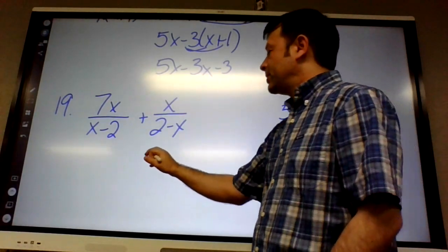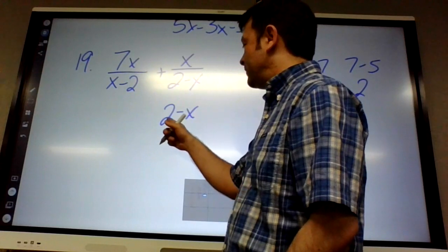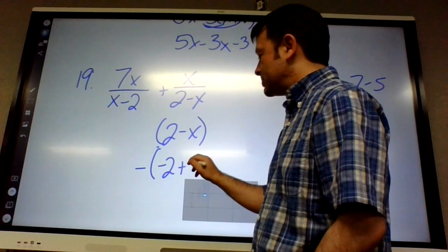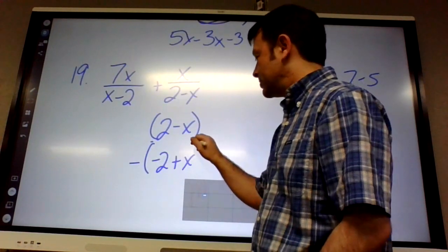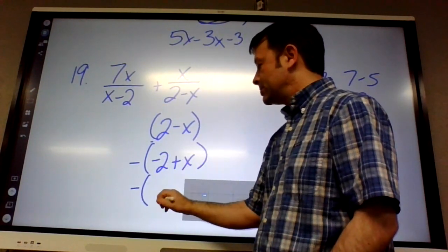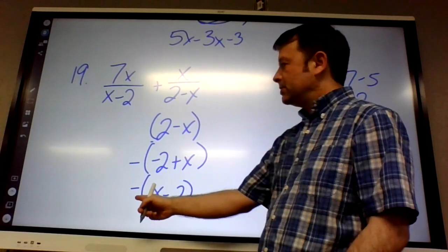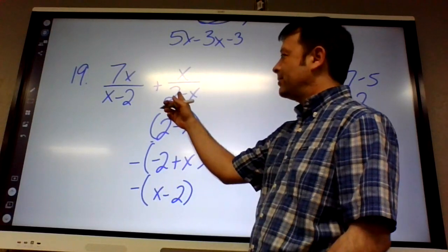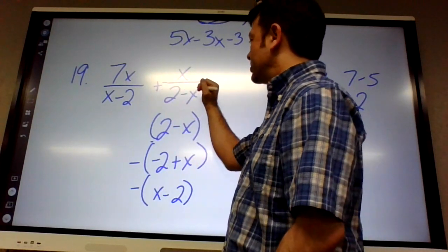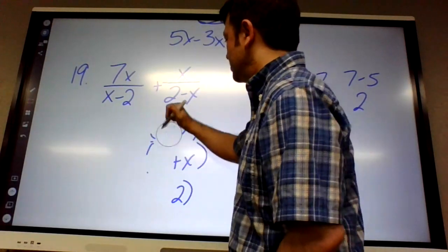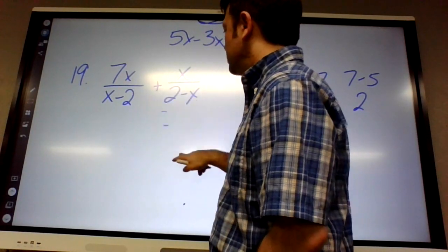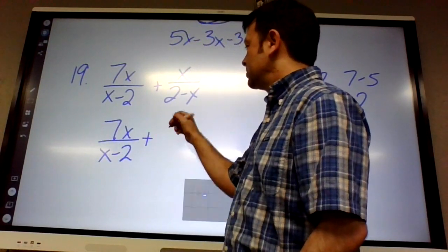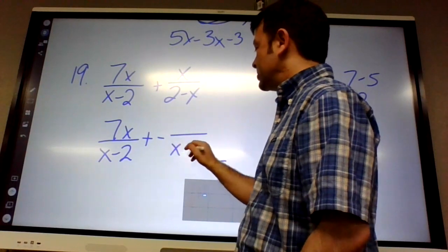So here's one way to think of it. If I took a negative out of this, then that would be negative 2 plus x, right? Or if I switch the order, it would be x minus 2. Because these are opposites. But where do I put the negative that I take out? Well, just out in front somewhere. So if we take a negative out of this, we can turn it into x minus 2.